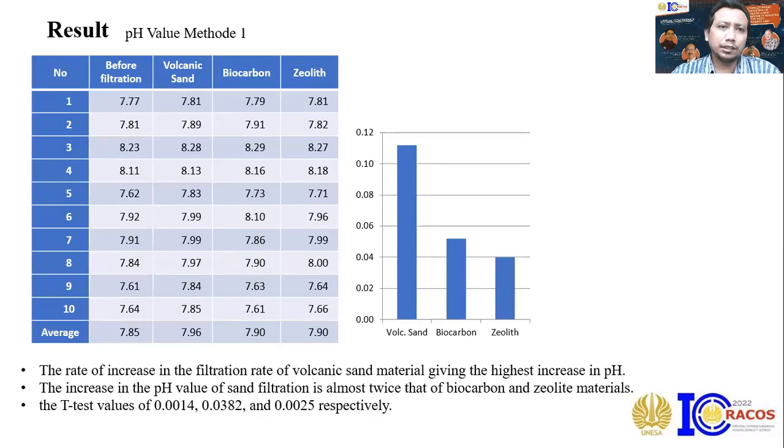The results of the research, pH value in method 1: the filtration using volcanic sand material gave the highest increase in pH. It is shown in the diagram on the right side. The increase of pH value of sand filtration is almost twice that of biocarbon and zeolite materials.